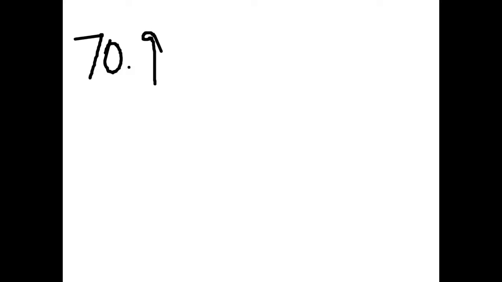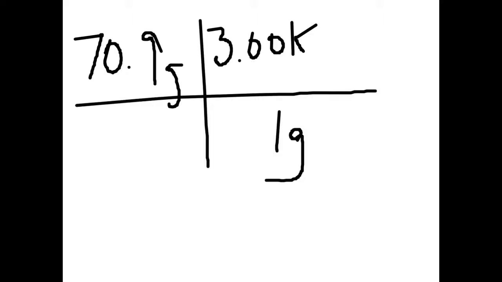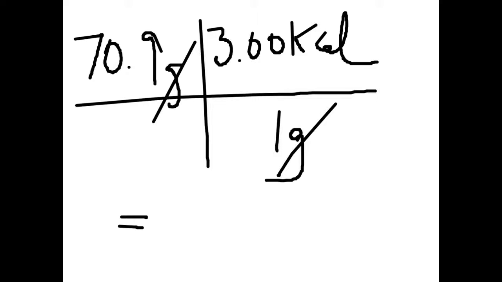No, 70 point what? 9. So you're going to start with 70.9 grams, and you're going to say every gram of the bar you eat releases 3 kilocalories. If I ate 70 grams, is this making sense to you all or no?